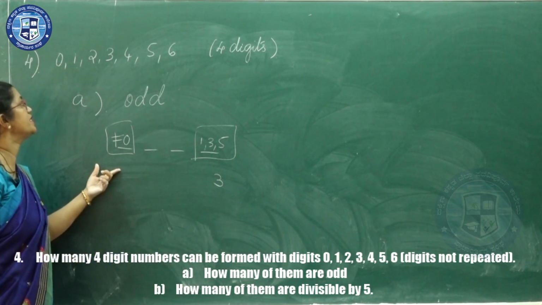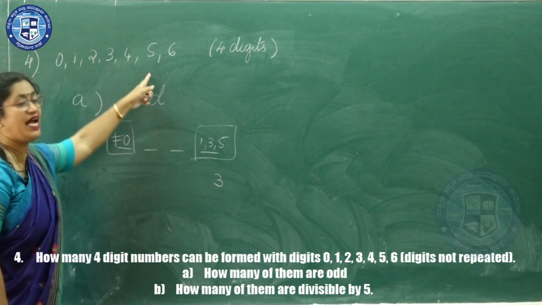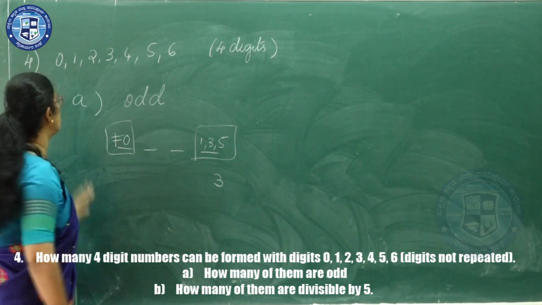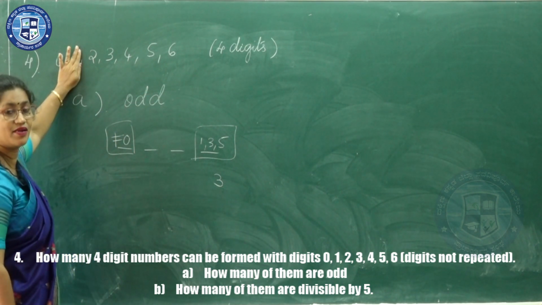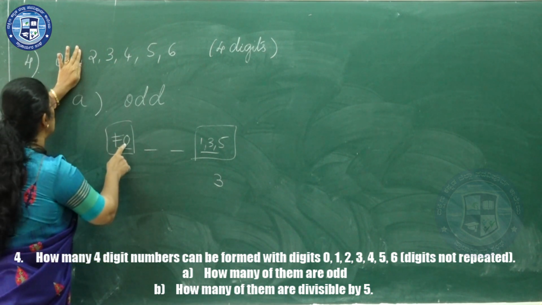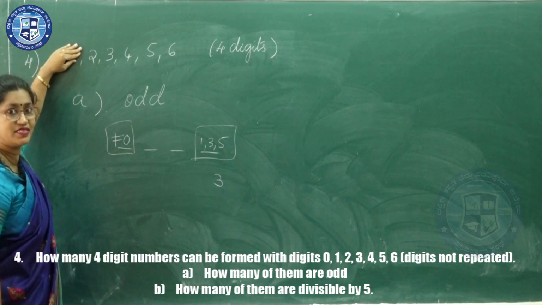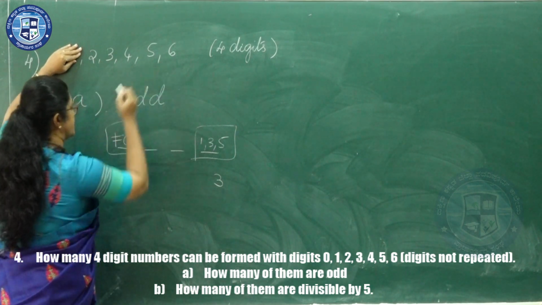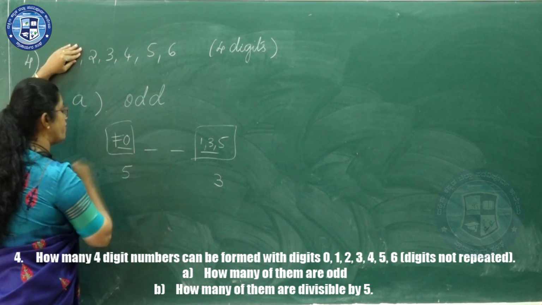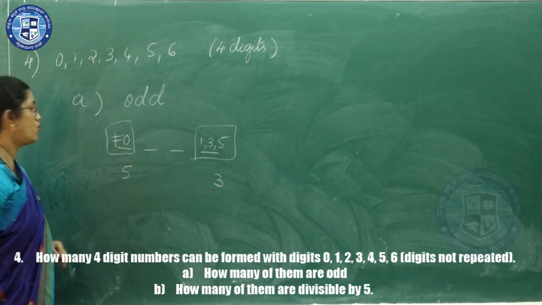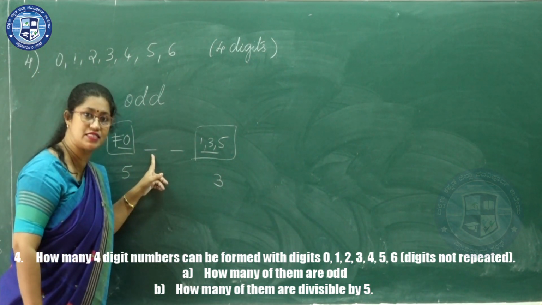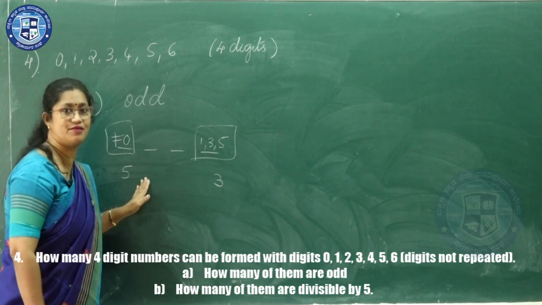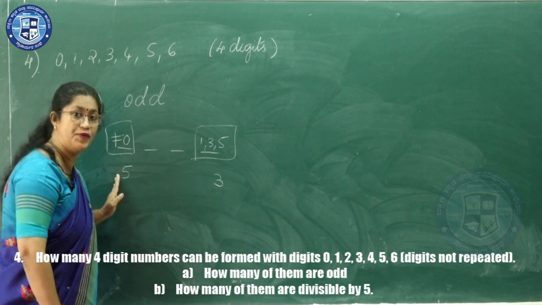Now come to this place. Out of 1, 3 and 5, one number has gone. Let me say 1. And now I cannot put 0. So 2 numbers restriction. So these 2 I cannot put. So how many choices do I have? I now have 5 choices. When I come to fill this place, there is no restriction. I have finished filling 2 places.